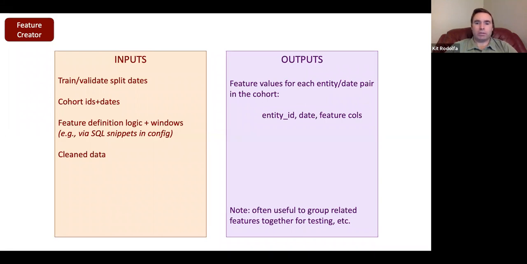One pointer here that has two reasons behind it is it's often really useful to group related features together. And there's two reasons for this. One is, one thing that is often quite useful is to do some sort of iteration over different sets of features that go into your models downstream.